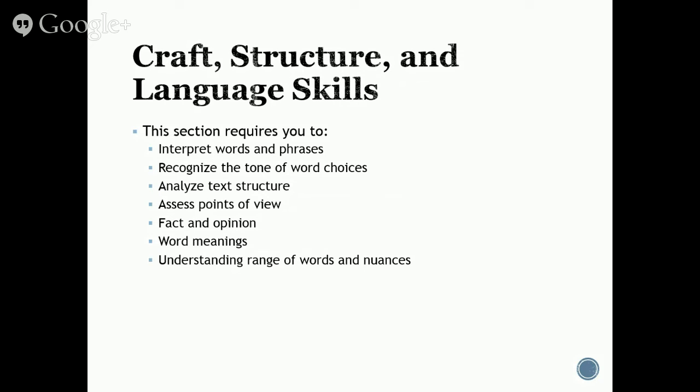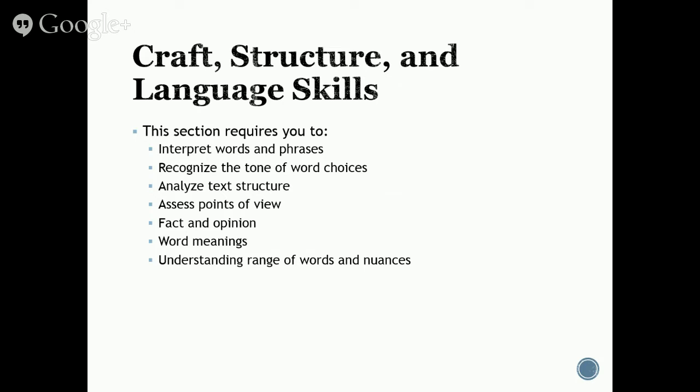The next type of question, you're going to be asked to interpret words for craft, structure, language skills, recognize the tone of word choices, analyze the text structure, assess points of view, fact and opinion, word meaning, understanding ranges of words and nuances. So let's look at each of these. Interpret words and phrases.